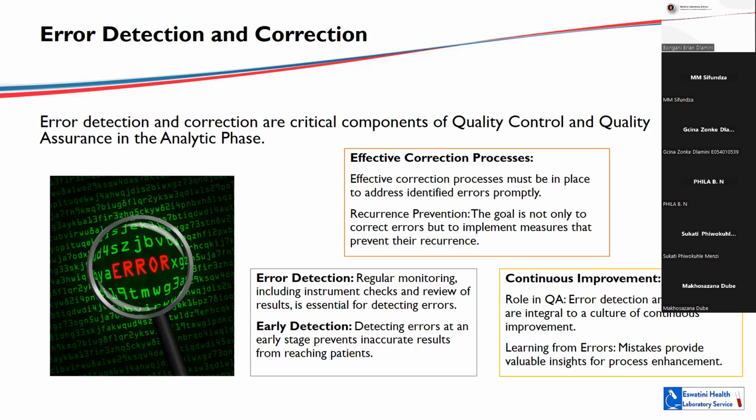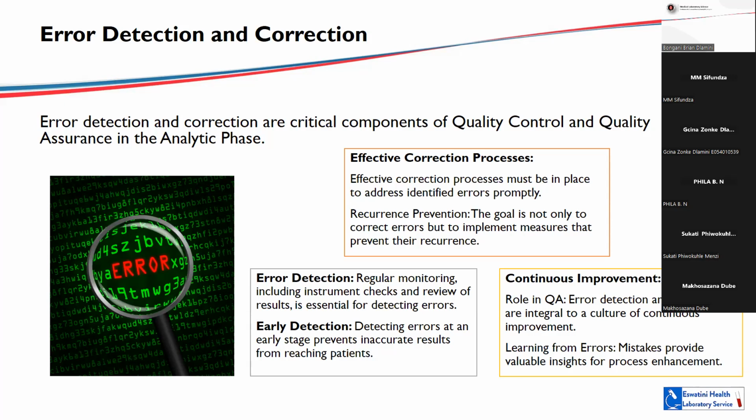Recurrence prevention. The goal is not only to correct errors, but to implement measures that prevent their recurrence. So if we have seen an error in, for example, an analyzer, that maybe if we didn't do the maintenance well, maybe there's clogging of the tubes.